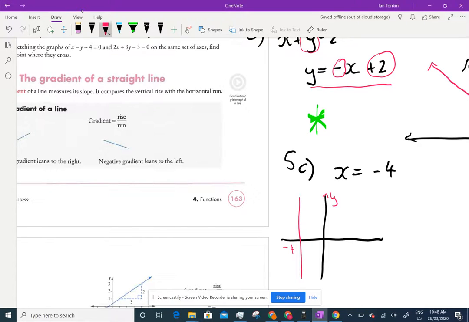There's my y and my x. Put arrows there. Okay. Well, the domain, I tend to always write the domain first, the x. Well, x only ever equals -4, and that's it. The range is all real values. It can go from -infinity to infinity.